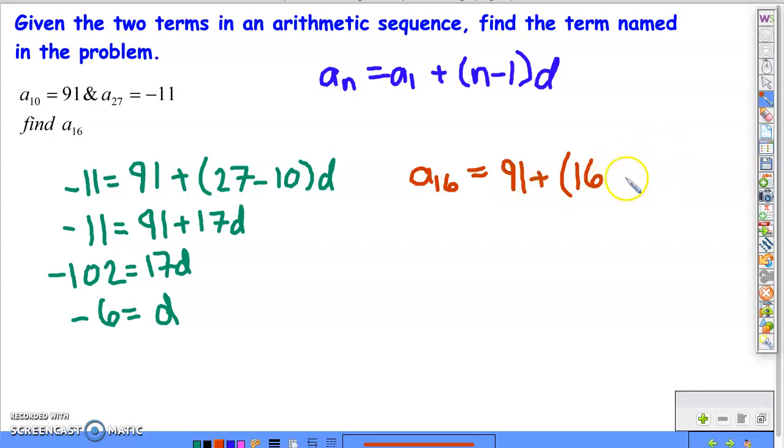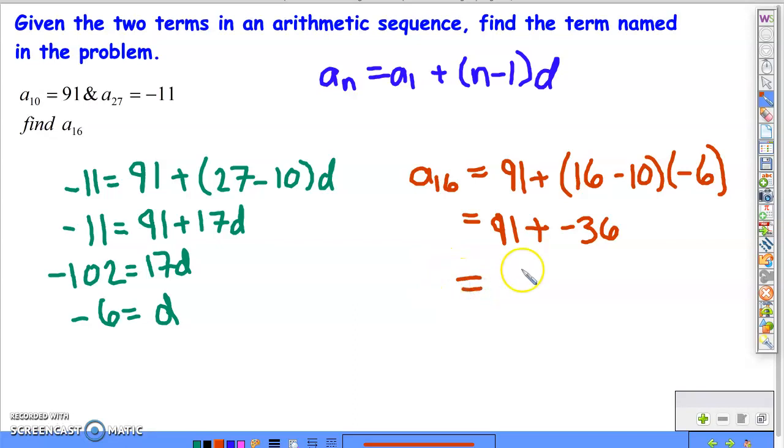So it's going to have to be minus 10 and then times d, which is -6. Make sure you don't just write -6 and subtract it. It's multiplication. Okay, so then simplifying, we get 91 plus, this would be 6 times -6, so a -36.